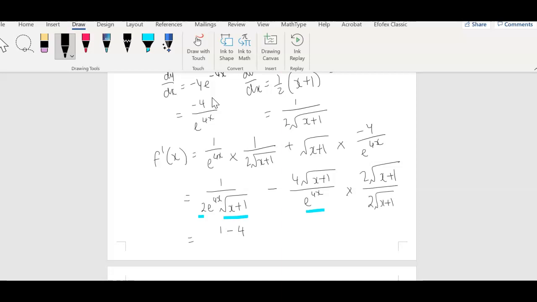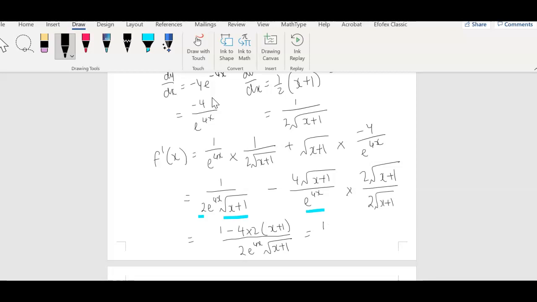Now the square roots will cancel out. Actually, I'll do the 2 times 2. So the square roots will cancel out and I'm left with x plus 1. And then on the denominator, I'm left with 2e 4x root x plus 1. All right, let's just tidy this up a little bit.